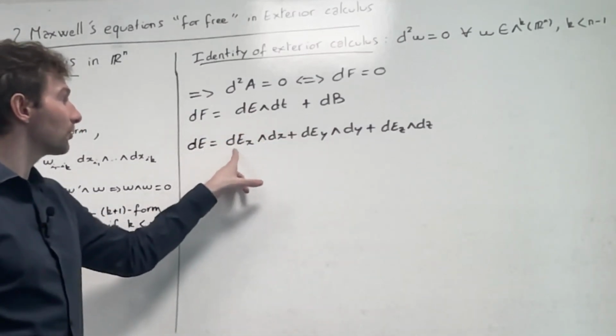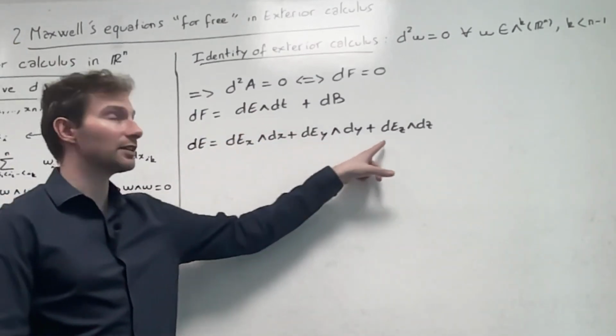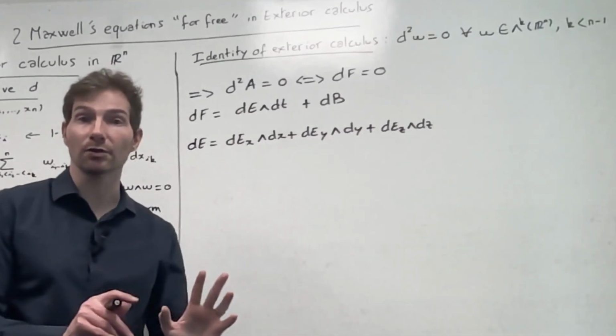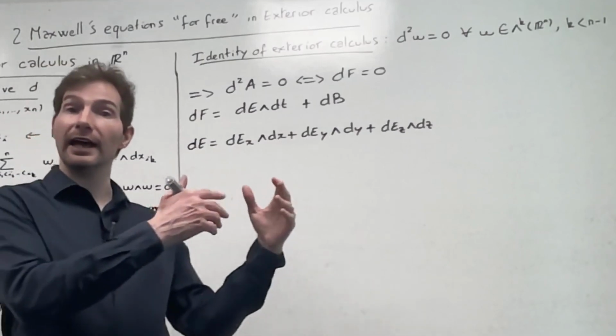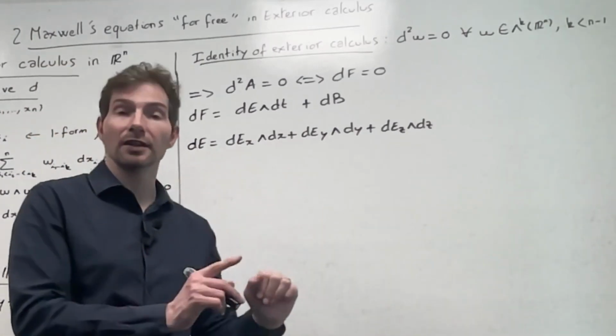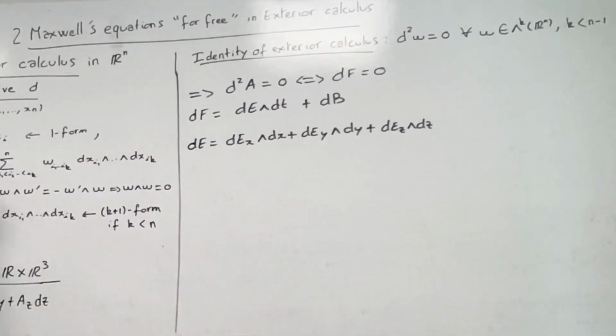So Ex, Ey, and Ez are zero forms. They are scalar functions of x, y, z, and t. Now, what that means is that when I apply the total differential here, I should get partial derivatives and the corresponding d things: there should be a dt, a dx, a dy, a dz.